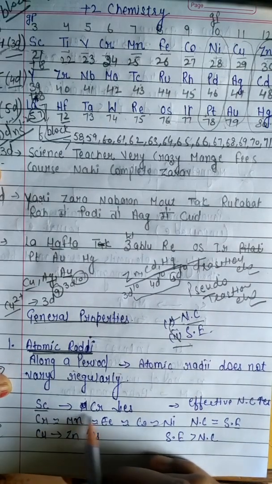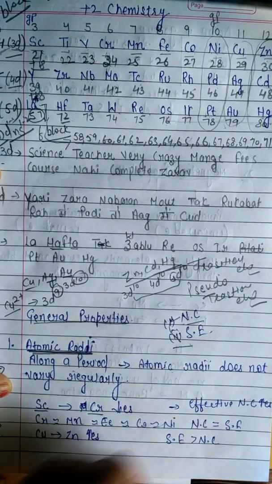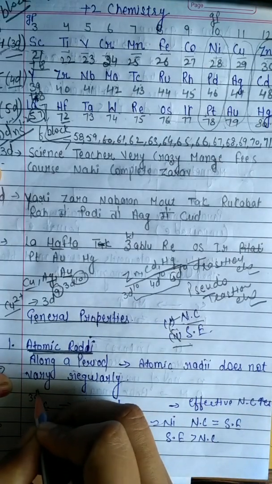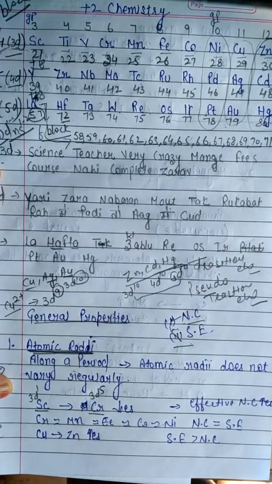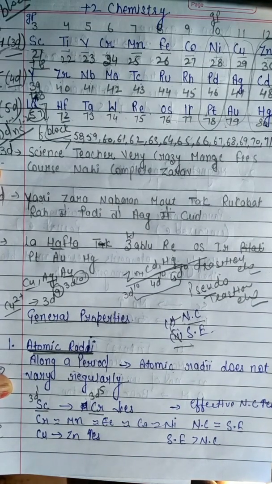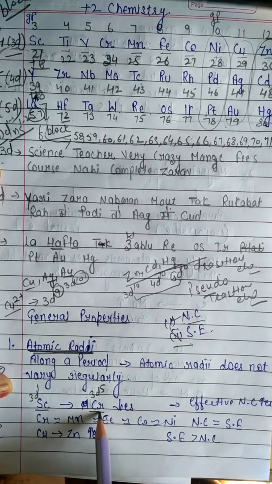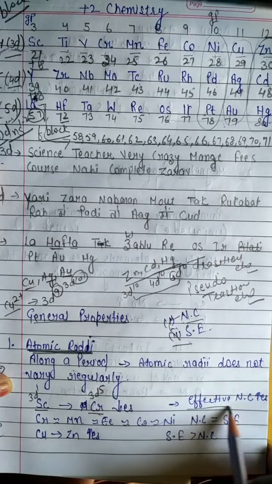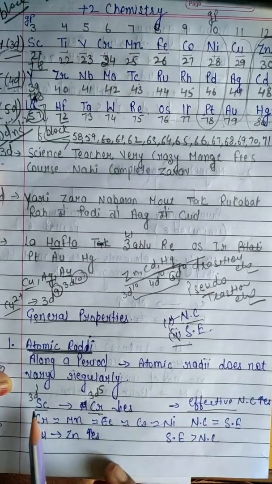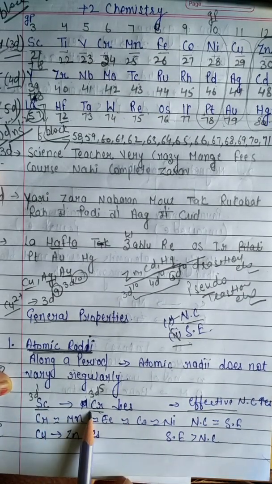First, from scandium to chromium, that is 3d1 to 3d5, the atomic radius decreases. The reason is that the effective nuclear charge increases when we move from scandium to chromium.